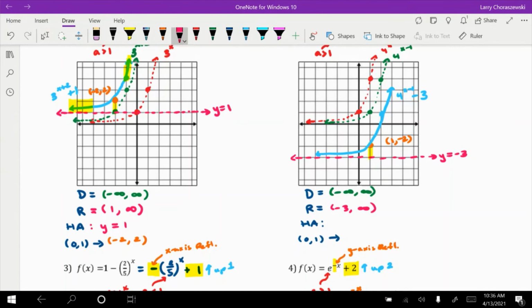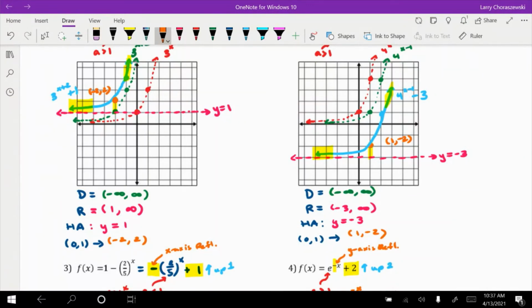Nicely done. Yep, the left end of the graph approaches the y value of -3. The right end goes up to infinity. Horizontal asymptote, kind of a freebie here, y equals -3. And then where did (0, 1) move to? (1, -2).